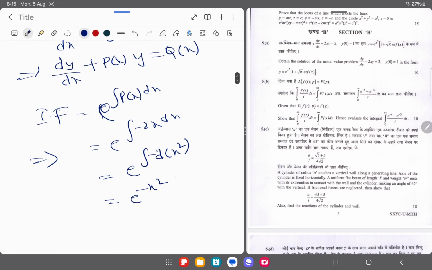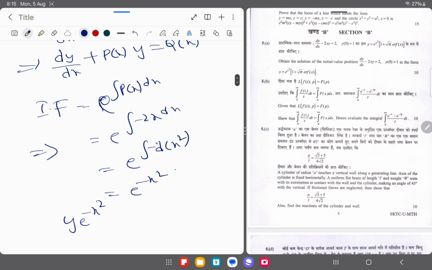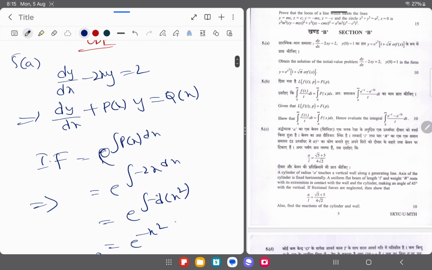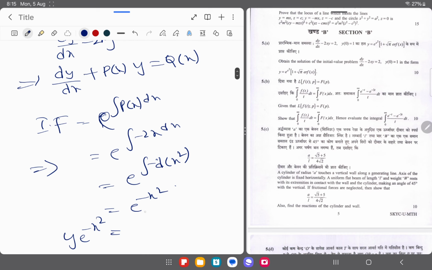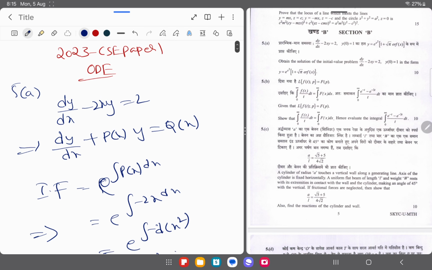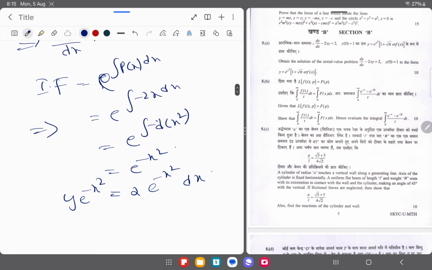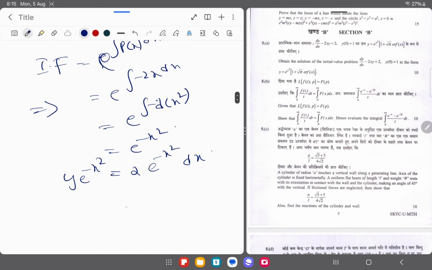So y into e power minus x square is equal to integral of 2 e power minus x square dx, right? Yeah, so see, this is the error function.